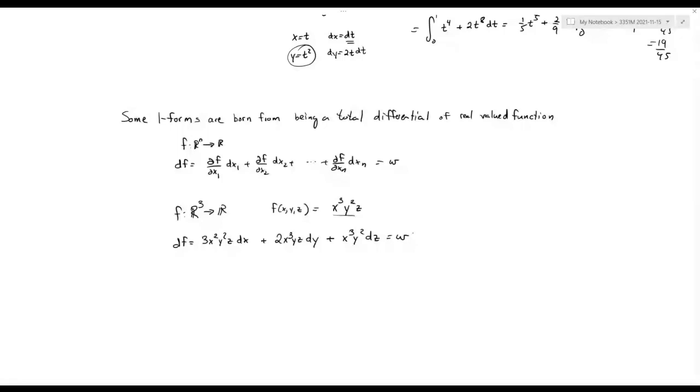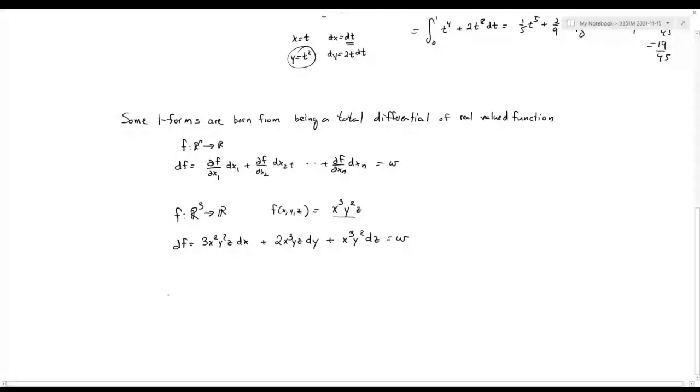Okay. Now, what's special about these kind of one forms? Because not all one forms come from finding a total differential of a real valued function. So what's special about these? In short, the fundamental theorem of calculus, but for line integrals. But let's see.